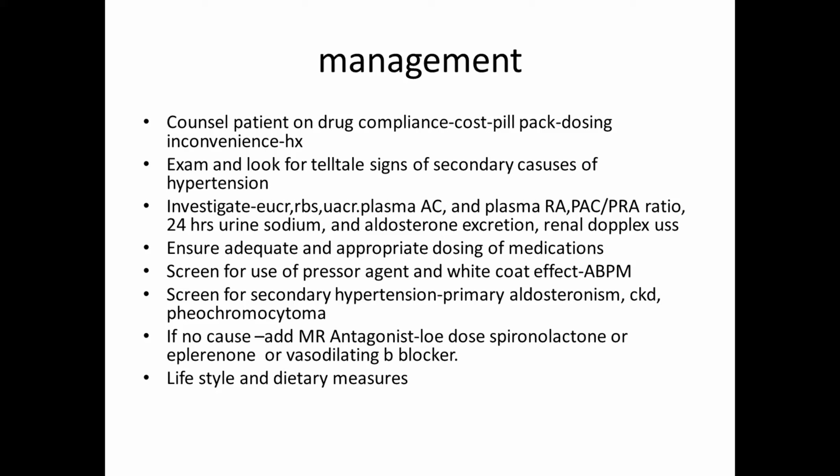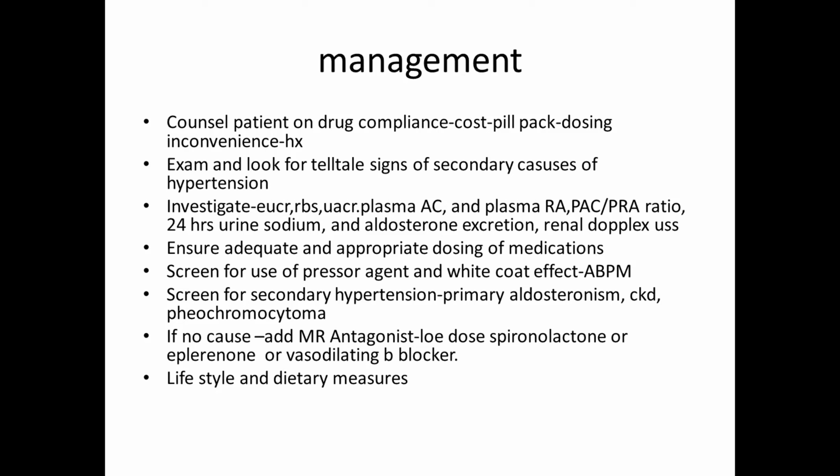Then you want to calculate the ratio of plasma aldosterone concentration to plasma renin activity in making a diagnosis of primary aldosteronism. So you also want to do a 24-hour urine sodium. Unfortunately I didn't note the cutoff. When the values are higher than normal, it may suggest that the patient is not compliant with the low salt diet prescription. We also want to do 24-hour aldosterone excretion when you're looking for primary aldosteronism, and a renal Doppler scan for renal artery stenosis.